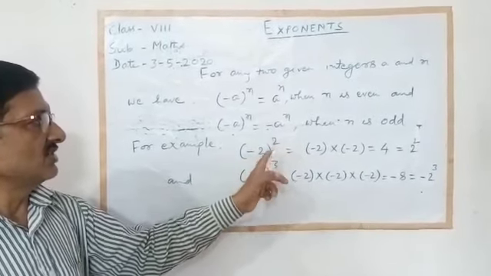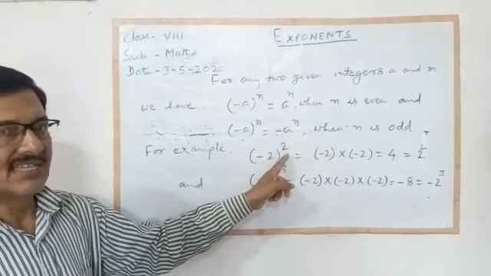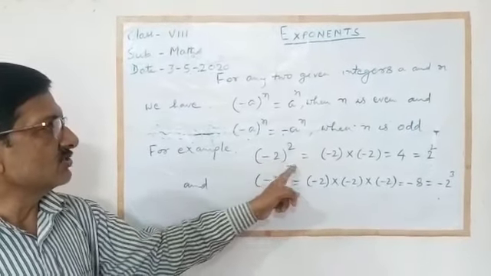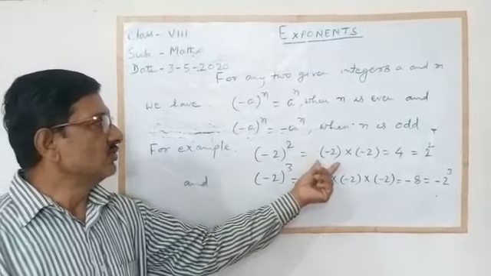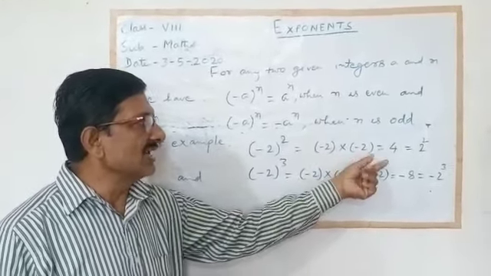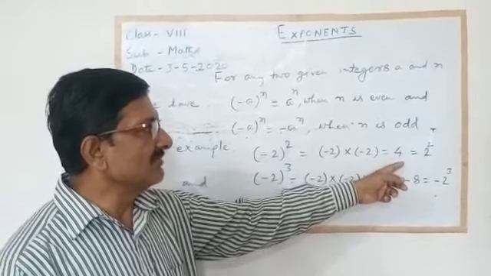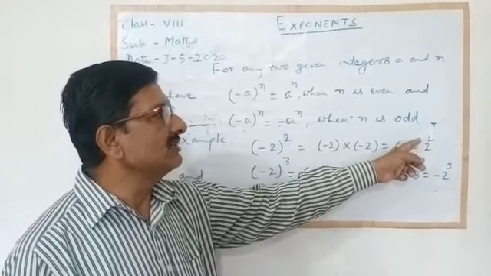Here, for example, I have taken (-2)^2. Here I am observing that 2 is an even number. When -2 is multiplied 2 times, -2 multiplied by -2, it will give you the result 4, that is equal to 2^2.